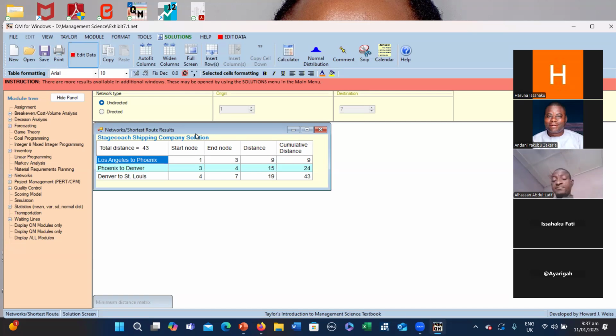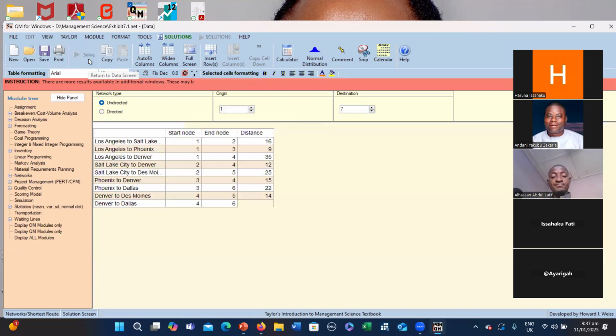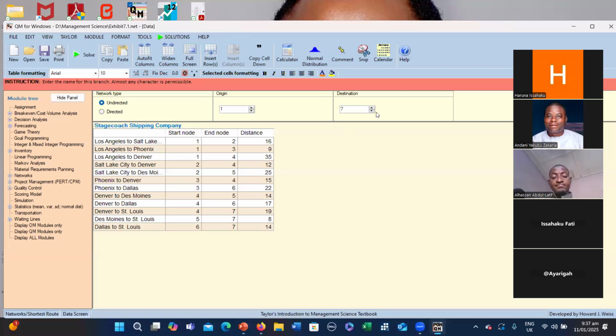Now, if I want to know the solution from 1 to 5, then I can go back and change the destination to 5. See that I've changed the destination to 5. So I can say solve.